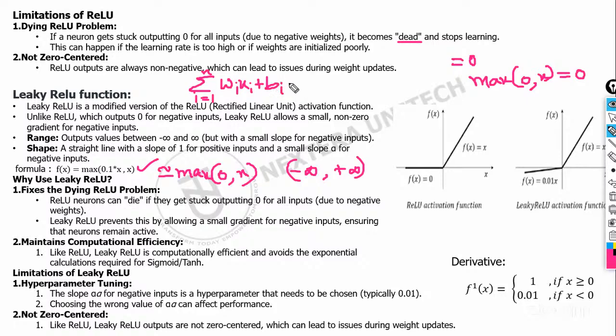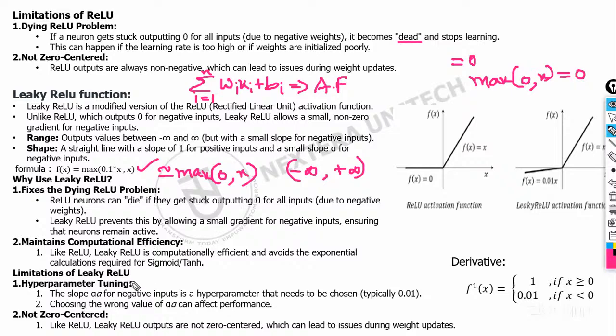This will be given as the output, and this output will be given to the activation function. Making sense? That is the reason the dying ReLU issue will be resolved. Is it computationally expensive? No, because we are using a small formula. It is very easy, so it maintains computational efficiency.